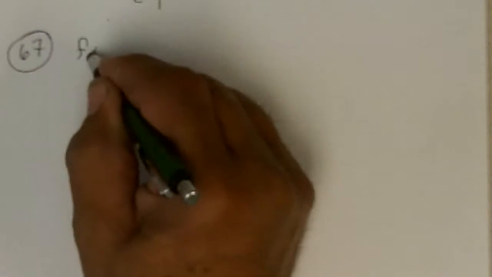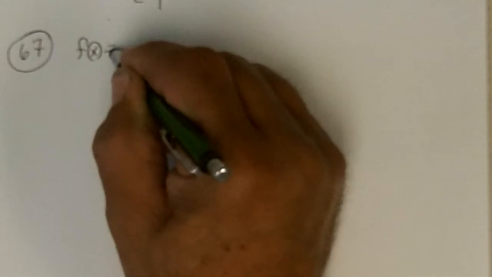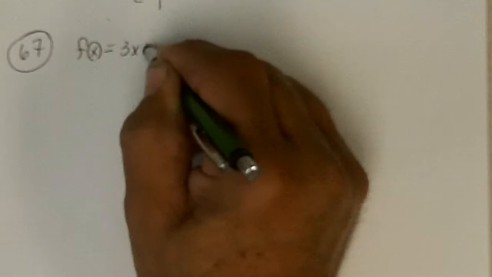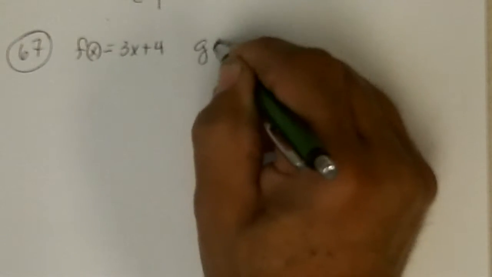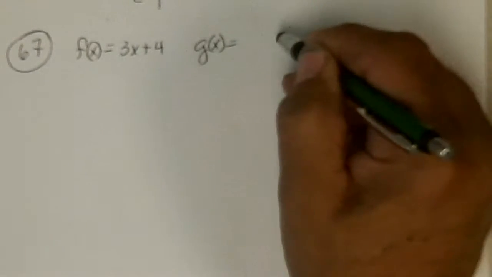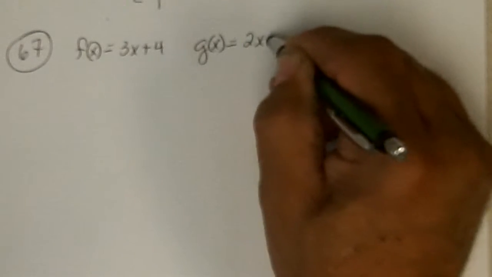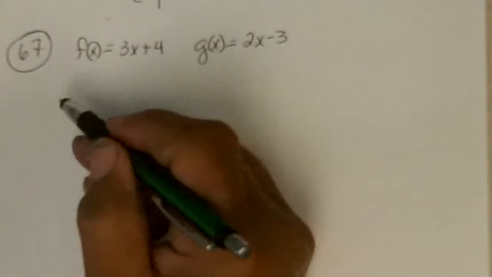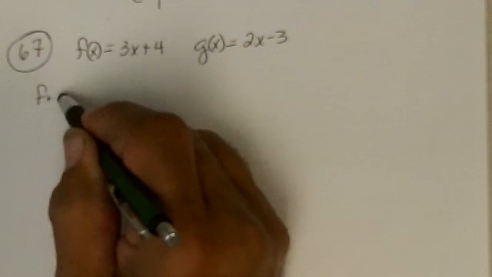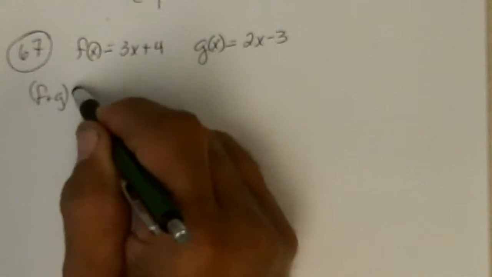And in 67, we've got to do a whole bunch of things. f of x is 3x plus 4, g of x is 2x minus 3, and it says find f plus g of x.